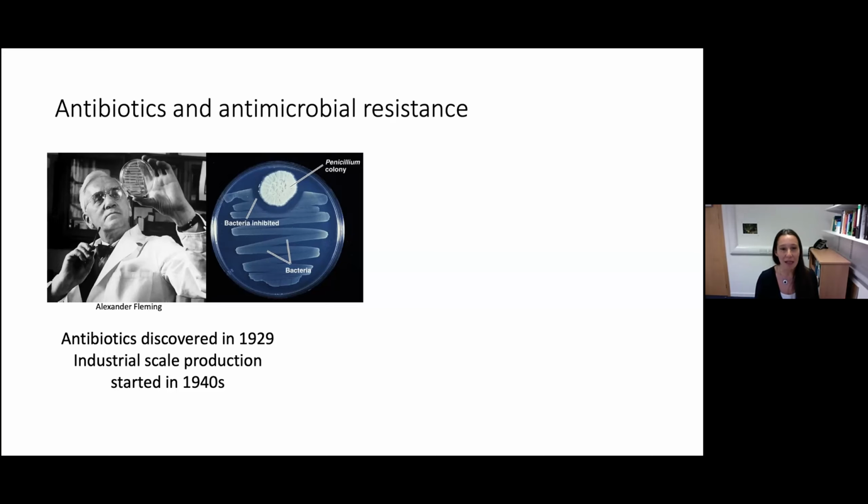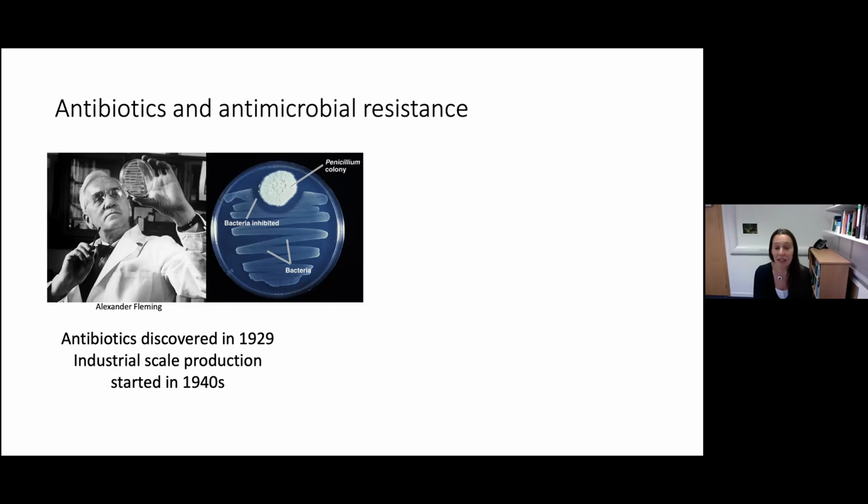Basically, he had contamination on one of his plates growing bacteria, and this contamination was a fungal colony. He observed that all around the fungus, the bacteria were lysed, killed, and decided to investigate it further. That led eventually to the discovery of penicillin, the first antibiotic.